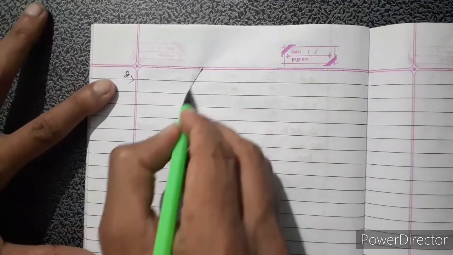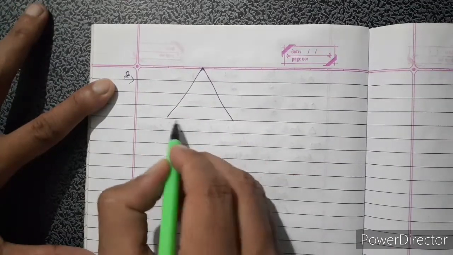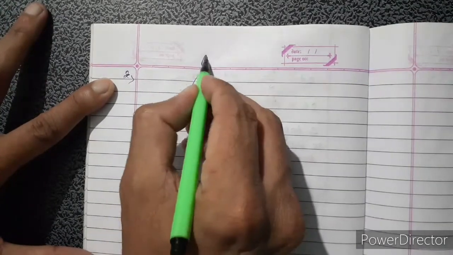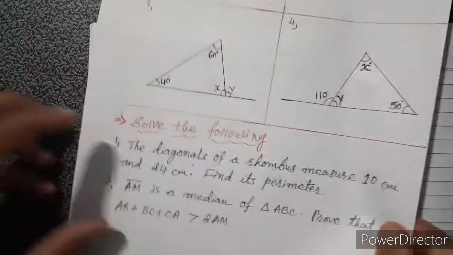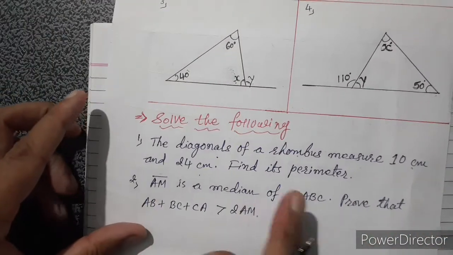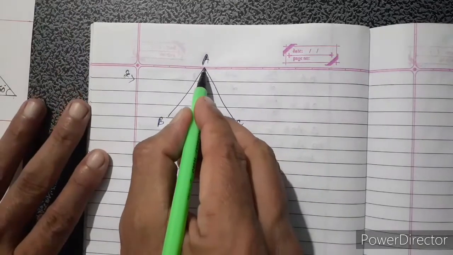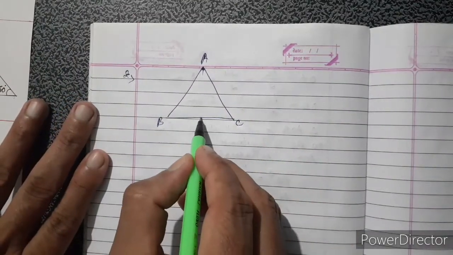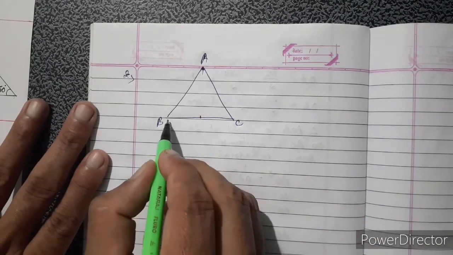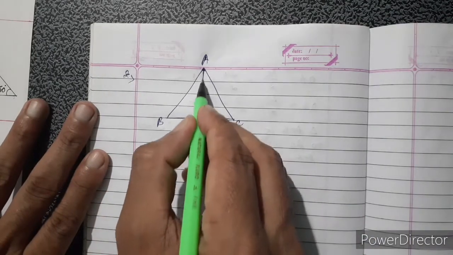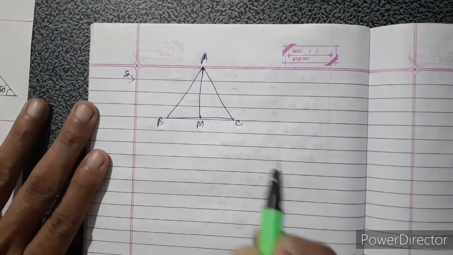Here, like that, triangle ABC is there. AM is a median, that means it starts from A and touches the midpoint of the opposite side, means here. The midpoint of BC is here, that is M.